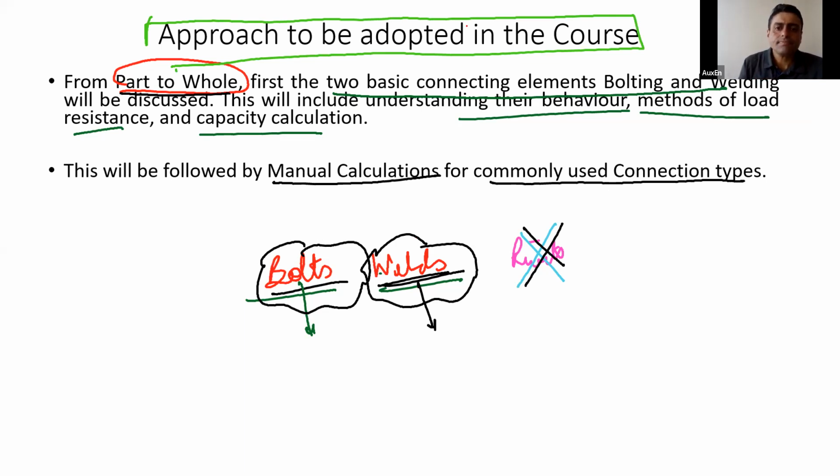So first we will understand about the welds and the bolts. Then we will follow it up with understanding the manual calculations for the commonly used connection types. Unless we do hand calculations, things do not become clear.